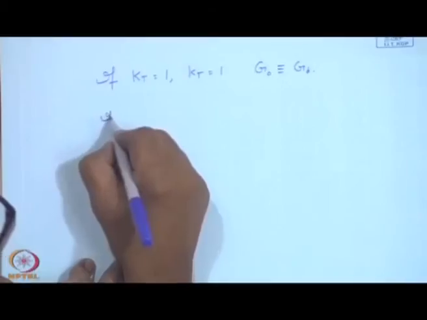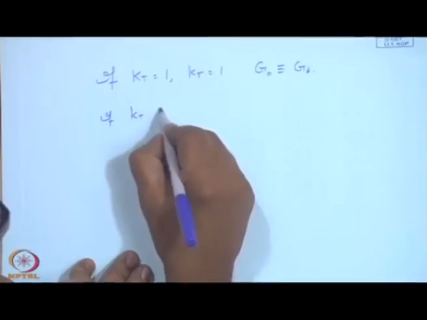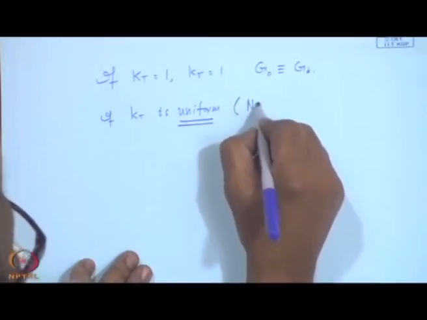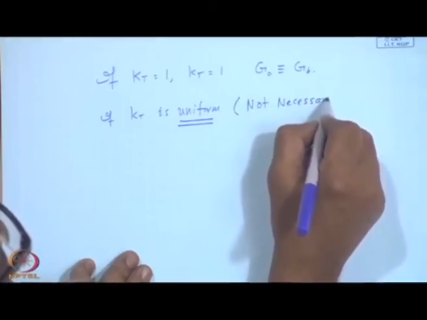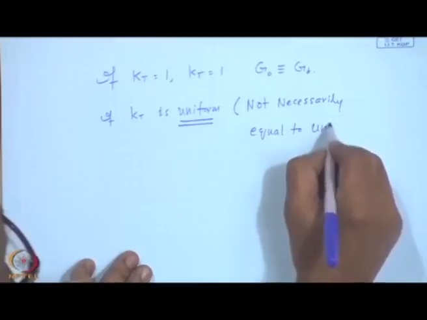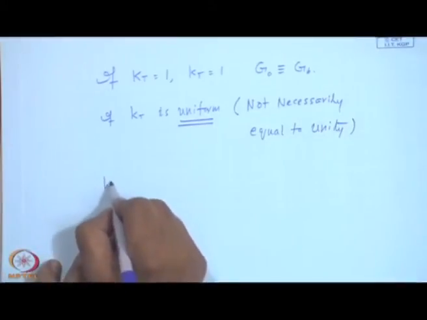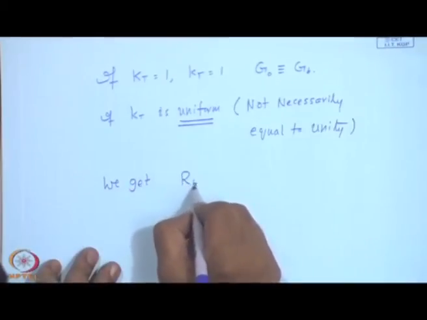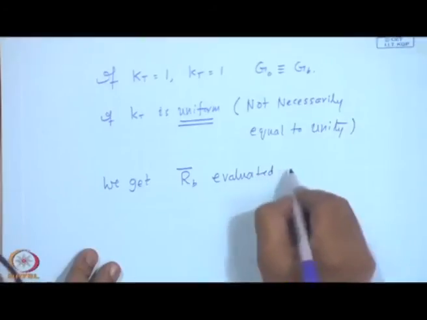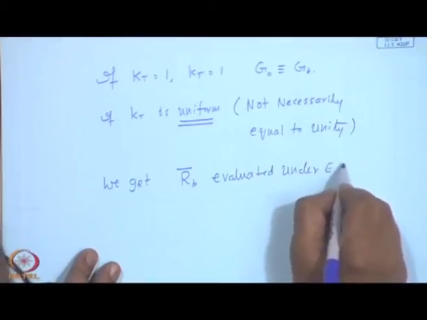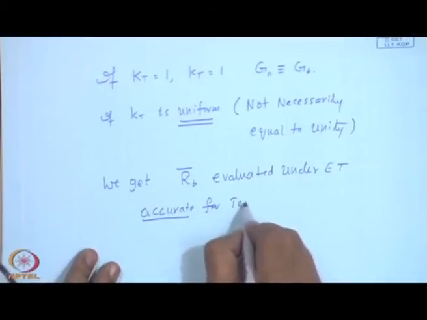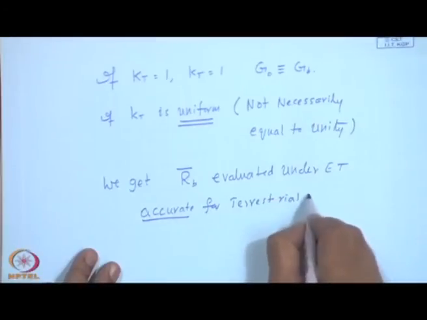By this we proved that if k t is uniform, that means not necessarily equal to unity, we get R b bar evaluated at E t accurate enough for terrestrial calculation also.